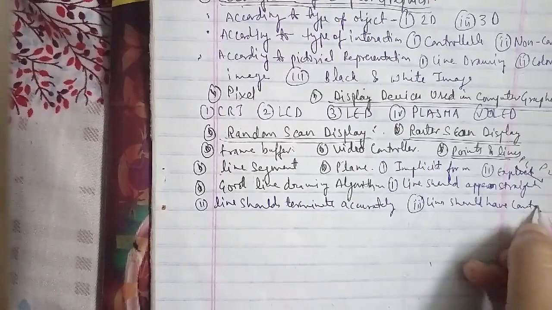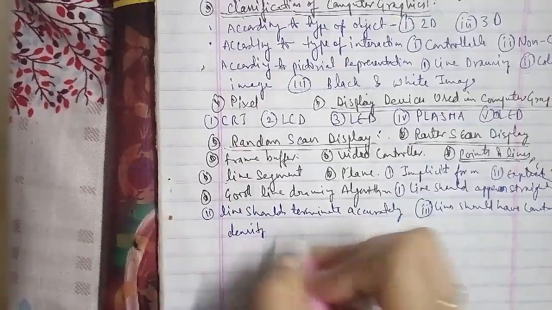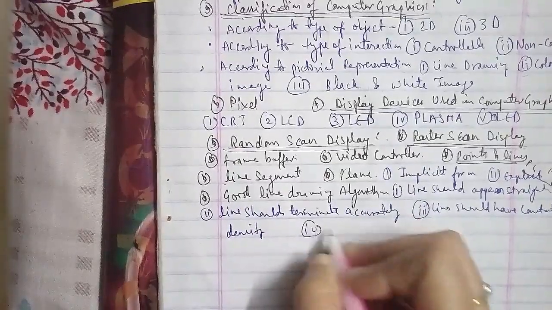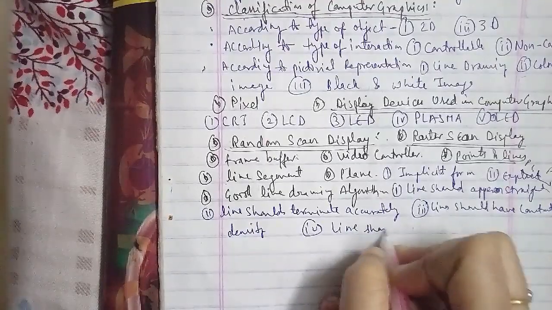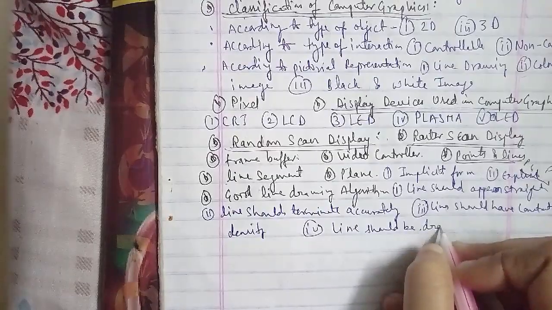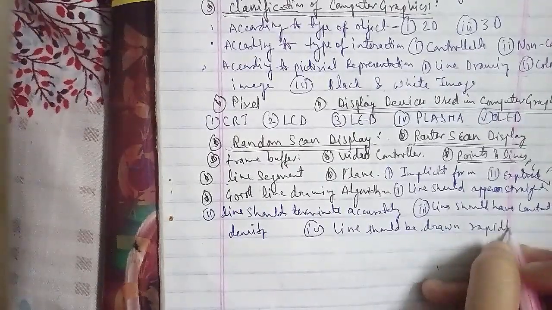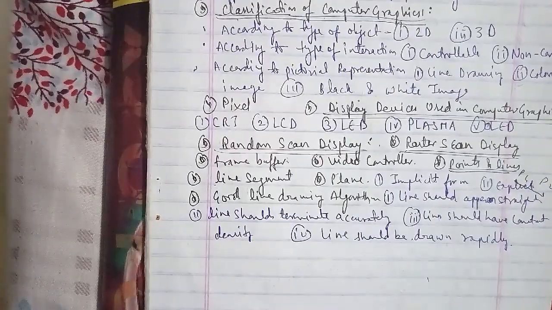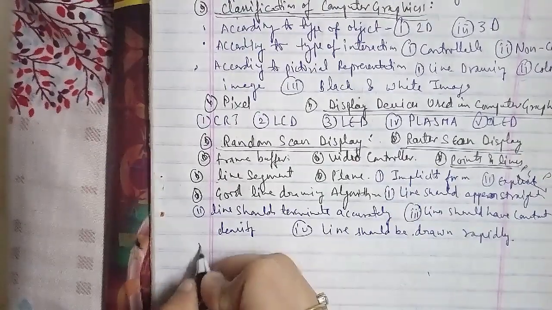The advantages of the DDA algorithm are that it is the simplest algorithm and it does not require special skill for implementation. The second advantage is that it is a faster method for calculating pixel position. The disadvantages: floating point arithmetic in the DDA algorithm is still time consuming, and the algorithm is orientation dependent, and hence endpoint accuracy is poor.